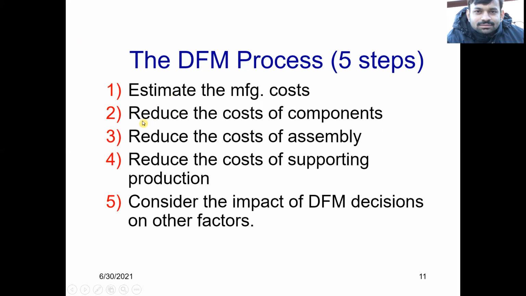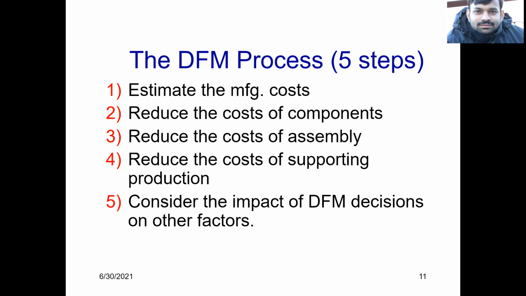Now the second step is to reduce the cost of components. So again, as we saw, components could be standard components and custom components. Standard components are generally at a low price compared to custom components. Okay, why?